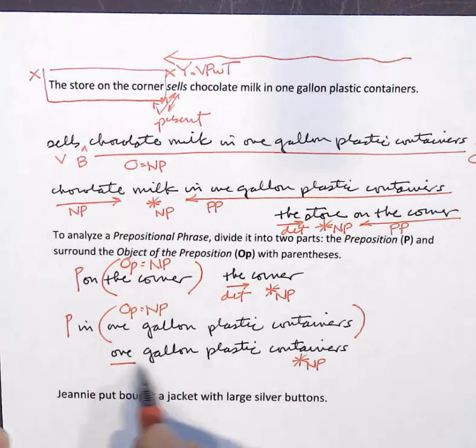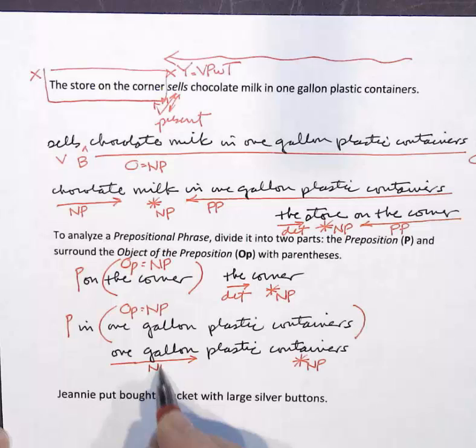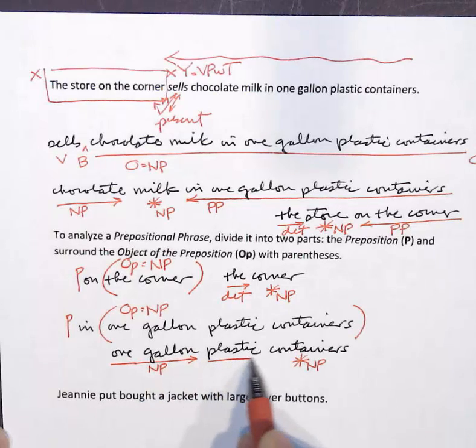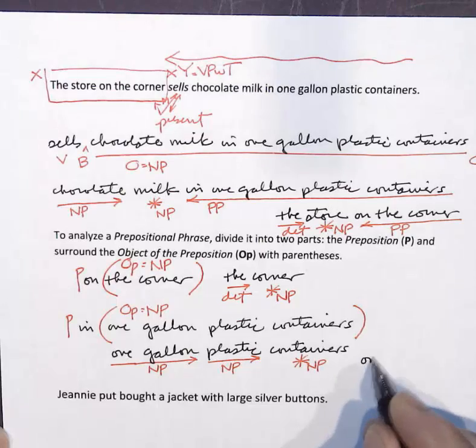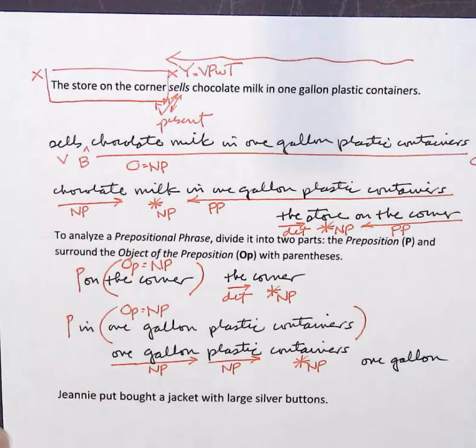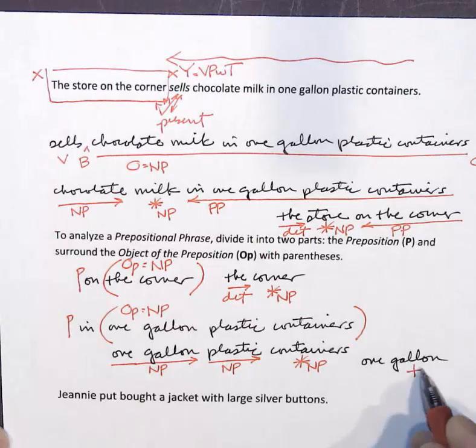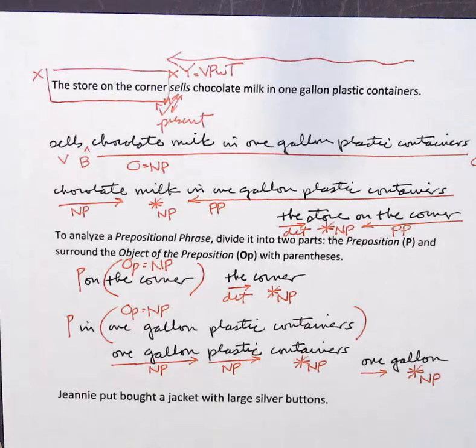It's not 1 container, it's 1 gallon. That's our first modifier. That's a noun phrase. Plastic is a modifier. That's a noun phrase. Let's rewrite our noun phrase 1 gallon, because our goal is to get down to the individual words. Gallon is the head. It's a noun phrase. And 1 is the adjective phrase.